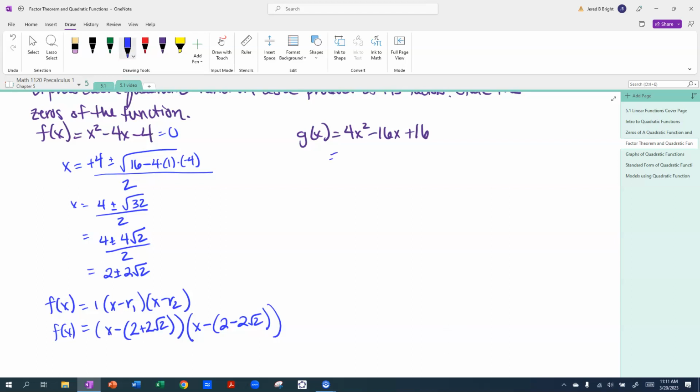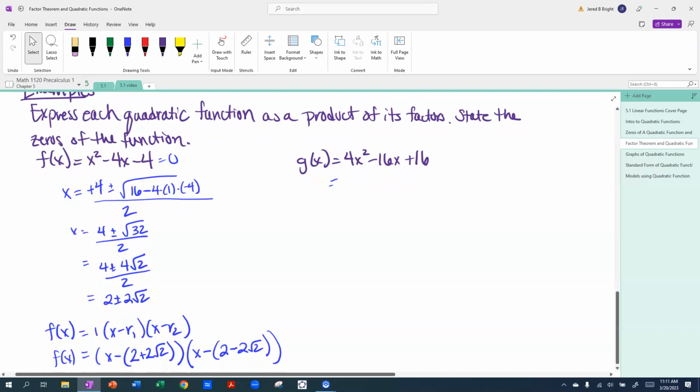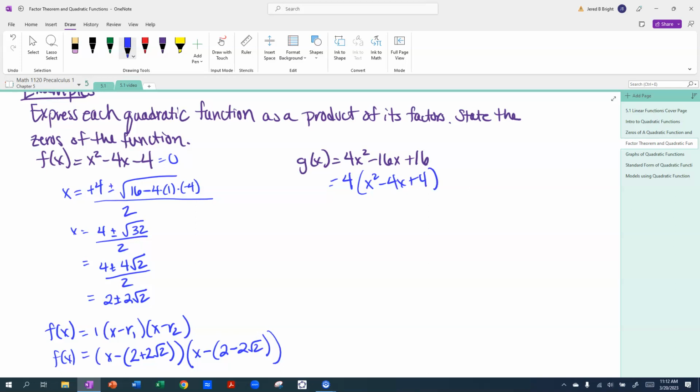Anyway, for g of x, I'm going to do the same thing. Now this one, let's try playing with this a little bit. I notice that each thing has a common factor of 4, so I'm going to factor a 4 out: x squared minus 4x plus 4. So this is a different one. And inside there, that actually factors. This would be x minus 2 times x minus 2, or I could just write this as 4 times x minus 2 squared.